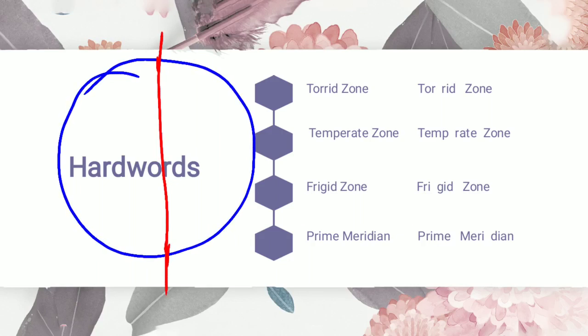This line is called prime meridian, which divides the earth into almost 2 equal halves.